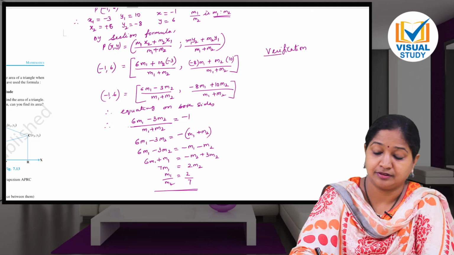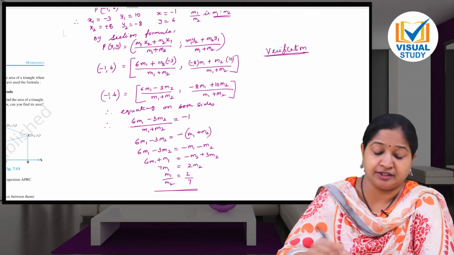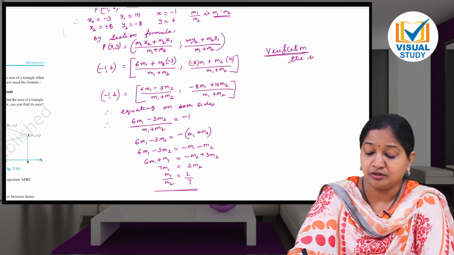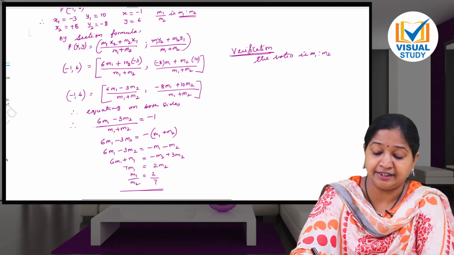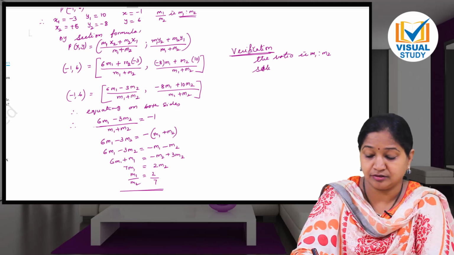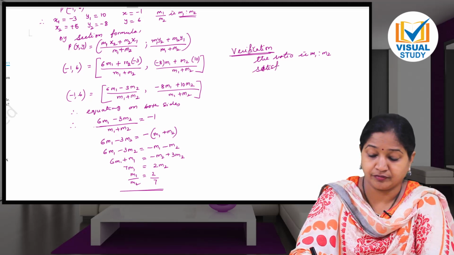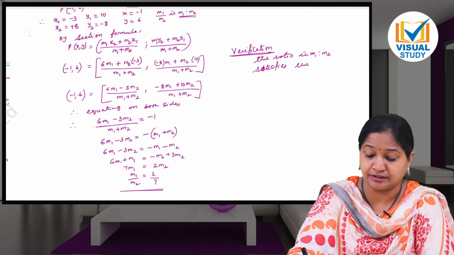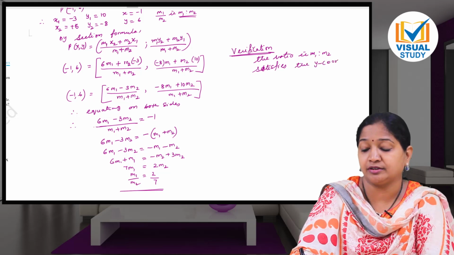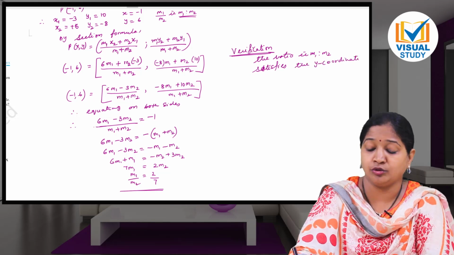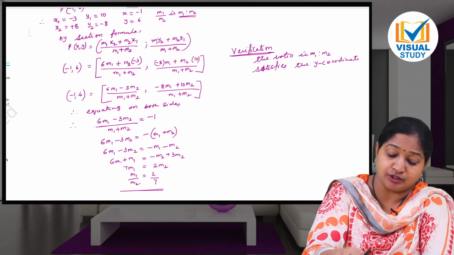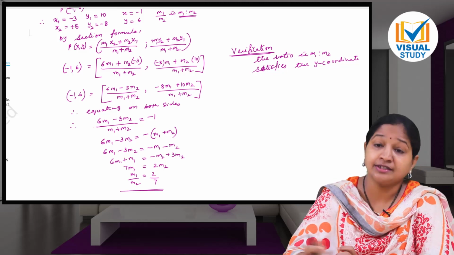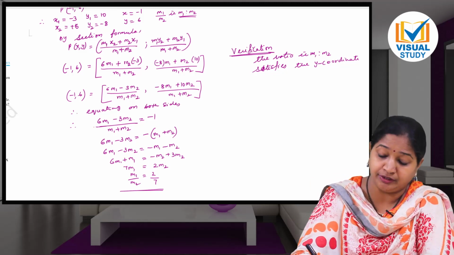Verification whether the ratio m1 is to m2 satisfies the y coordinate. Just take the y coordinate from here and put the values of m1 and m2 in that.